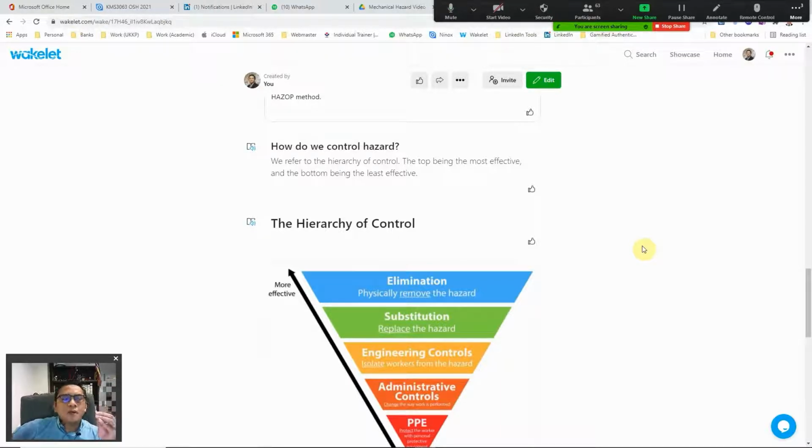So, if a hazard can contribute to fatality or death, then that is considered significant. But if the worst case scenario of a hazard is just a small cut to your finger, that is not considered a significant hazard.